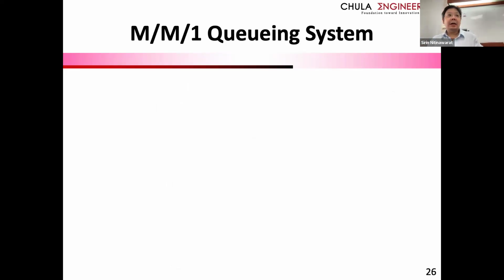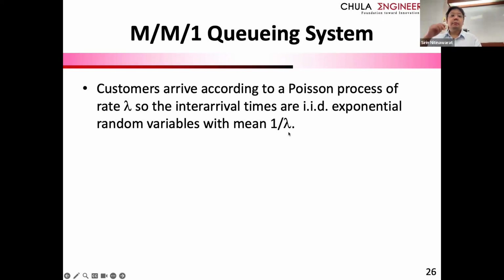And I think last class we discussed a little bit that the simplest queuing system that we should be able to analyze first is the M/M/1 queuing system, in which the arrival process is Poisson with rate lambda, okay?